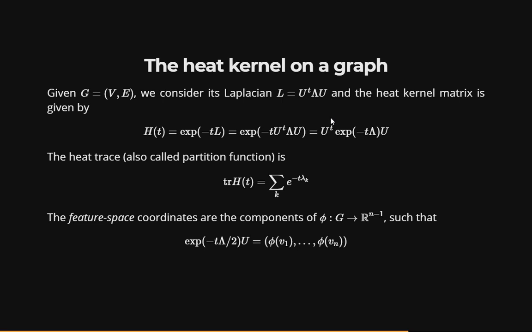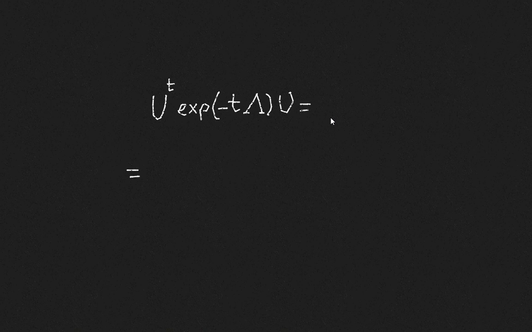Take U transpose exponential of minus t lambda U and write this as exponential of minus t halves lambda U all transposed times the same matrix.